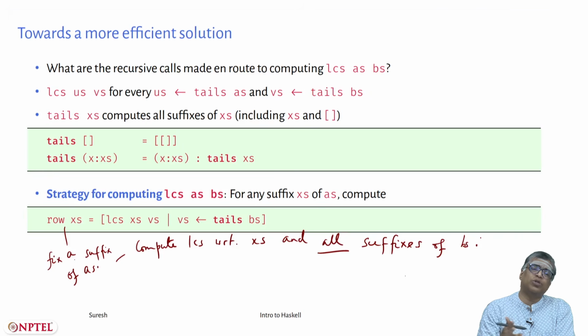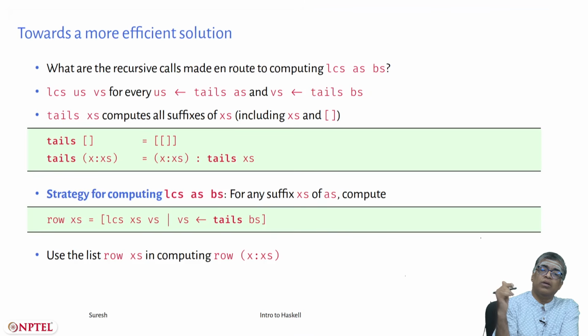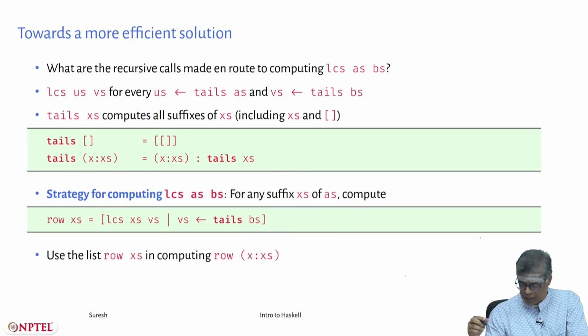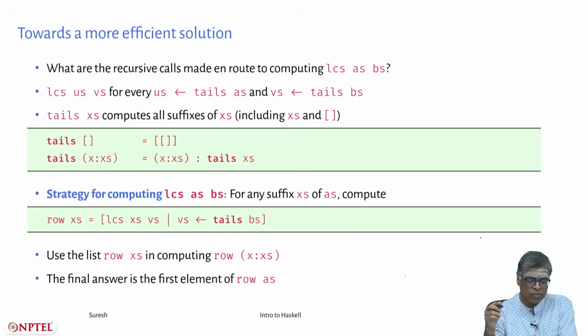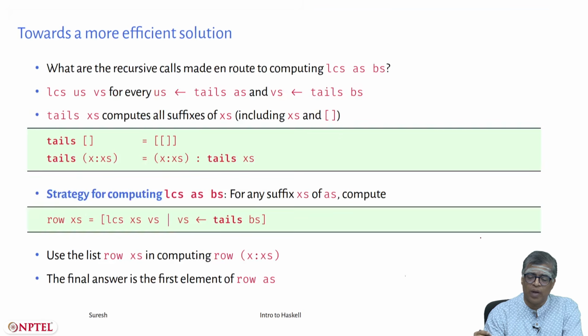Okay, suppose you do this, then what? Then the idea is to use the list row of xs in computing row of x:xs. So this is the idea, and the final answer is the first element of row of As. Okay, so a picture will help.